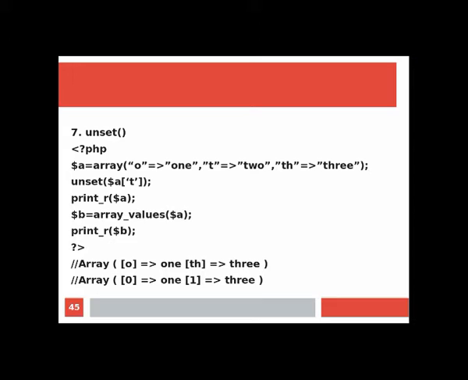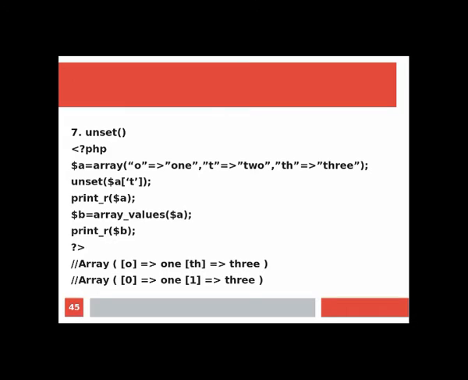And here our function, that is unset($a['t']); So we call unset, and that removes t => 2 from $a.